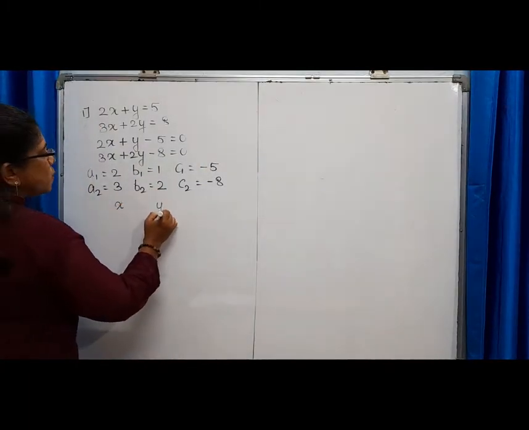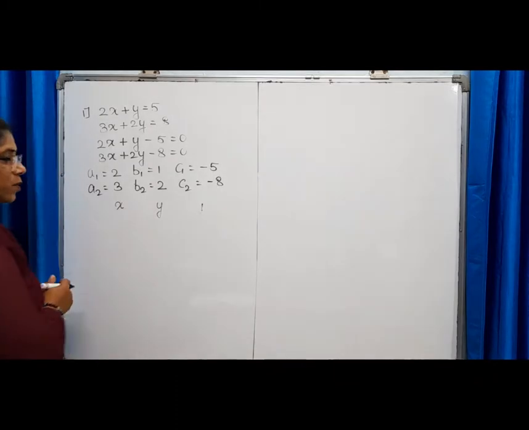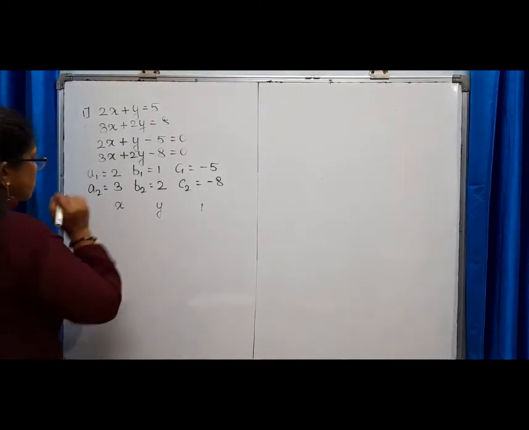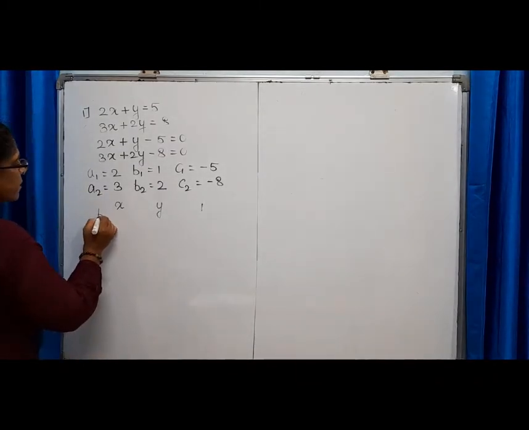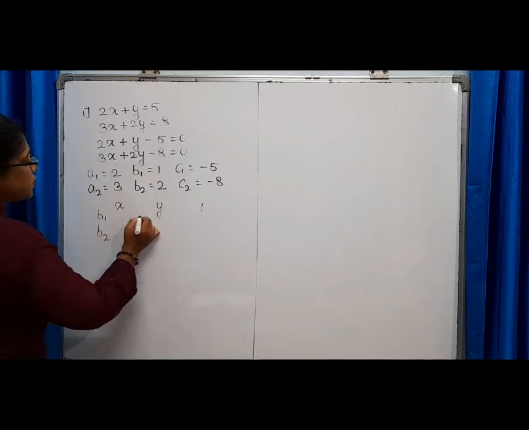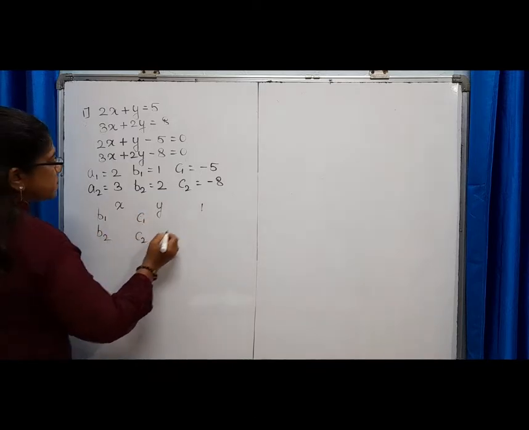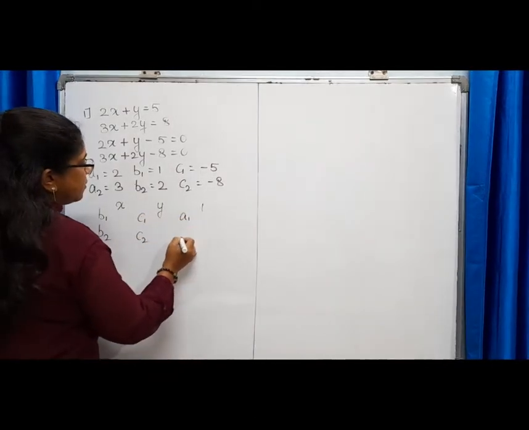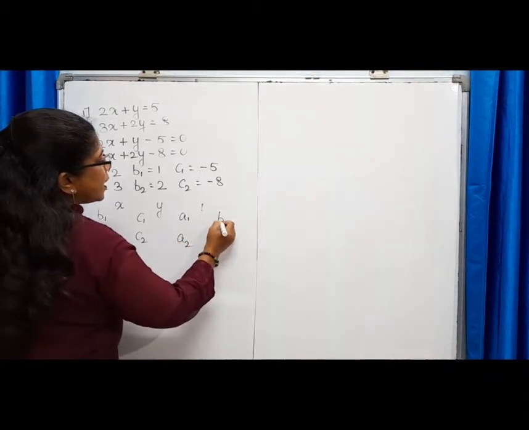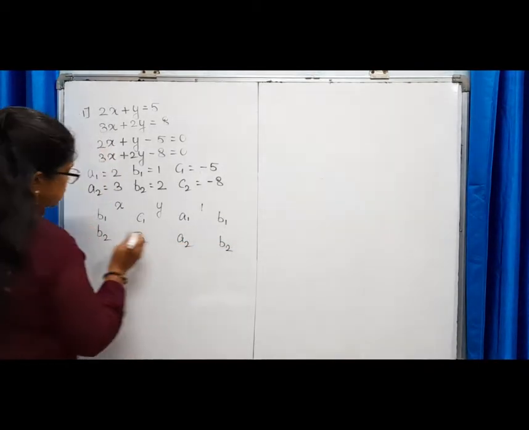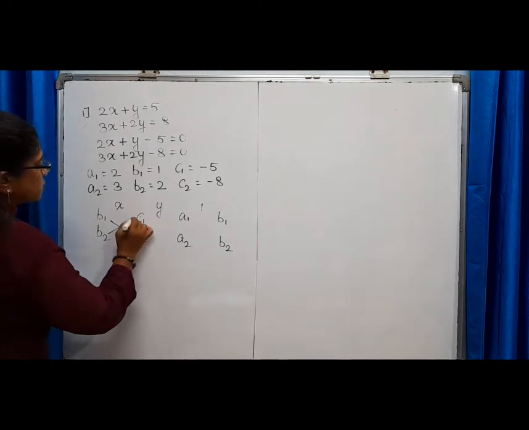Now next thing, x, y and 1. What we write here? We write b1, b2, c1, c2, a1, a2 and b1, b2. We have to cross multiply.